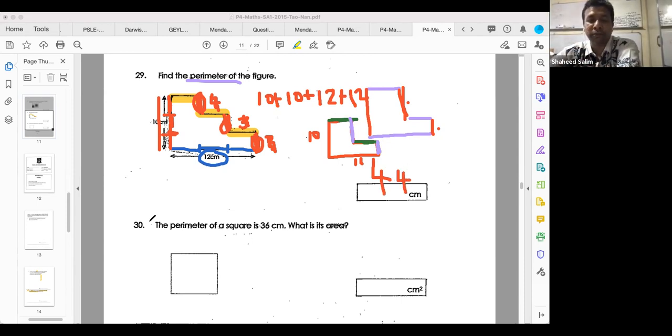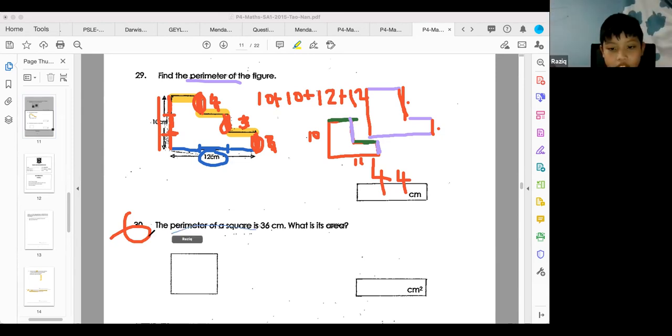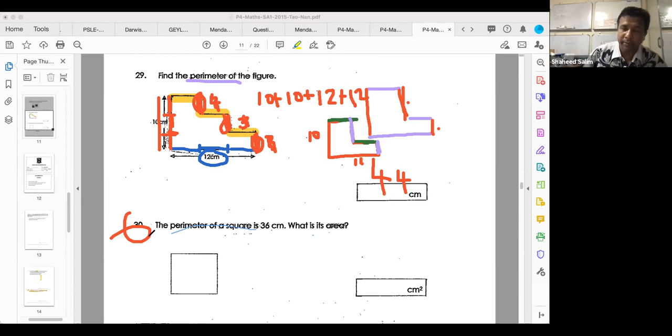Can you do this next question then? We got 3 minutes for this one. The perimeter of a square is 36. What is its area? Wait, first, is this 36 divided by 4? Yes, because it's perimeter. 4, 8, 12, 16, 20, 24, 28, 32, 36.